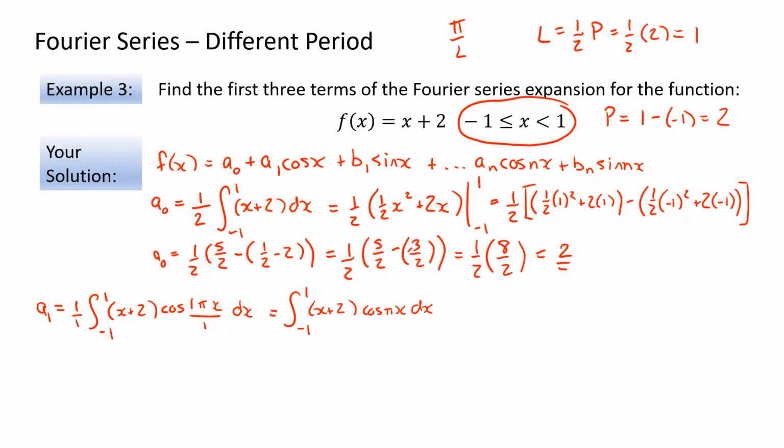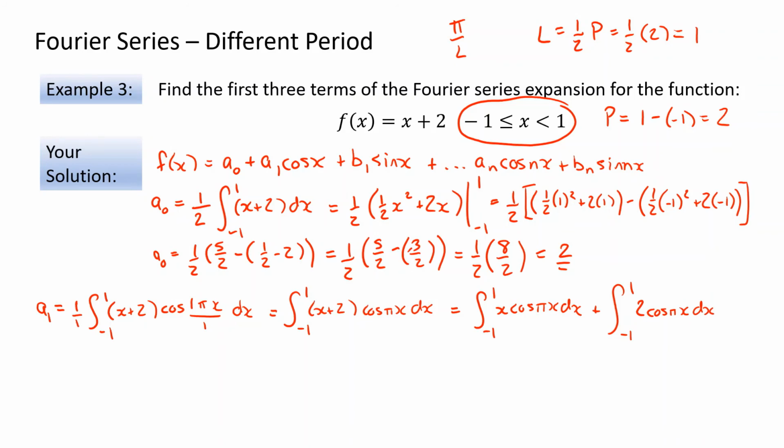Now, remember we have an x plus 2, so we can actually break this into two integrals. If we do that, we get the integral from negative 1 to 1 of x cosine of pi x plus the integral from negative 1 to 1 of 2 cosine pi x dx. Okay?